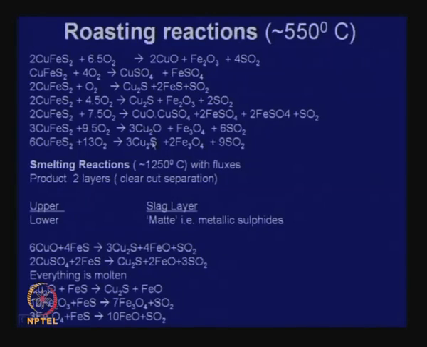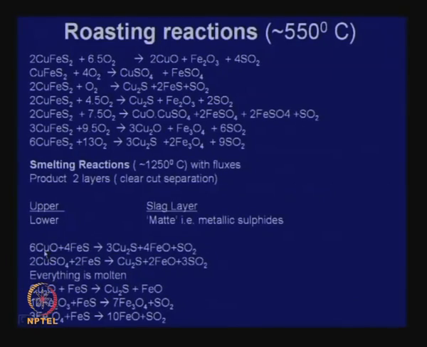partial pressure of oxygen and partial pressure of SO2 in such a manner that we will essentially have Cu2S, FeS and FeO, and that FeO during the smelting reactions, which will take place at 1250 degrees with fluxes, will produce two layers: a slag layer which will remove the iron part, and a matte of metallic sulphides, a mixture of iron sulphide and copper sulphide.